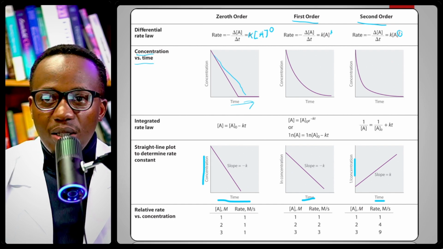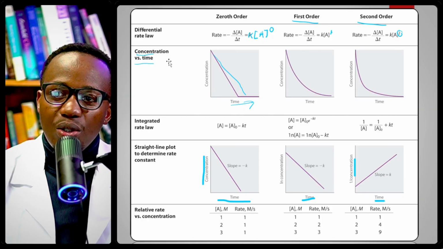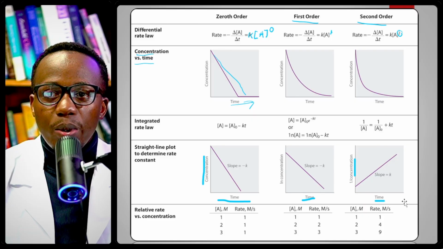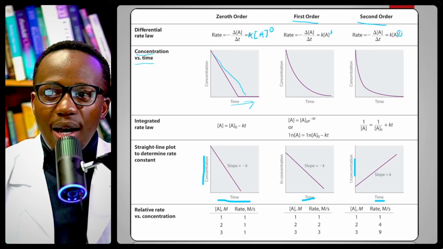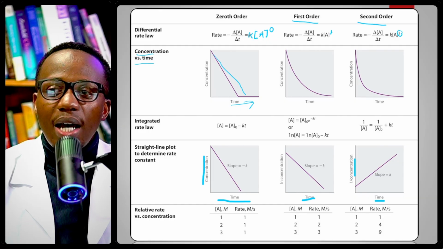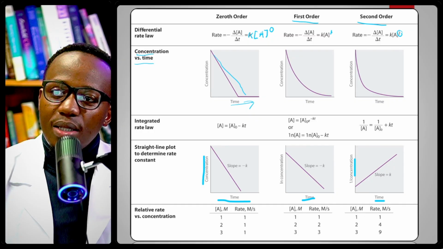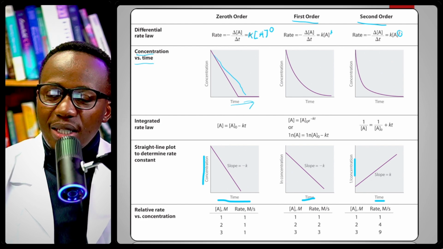There is another way to measure the rate order, but we're not going to use it. That's the one at the bottom here. We're not going to use it, so I will not confuse you with that. The way we will measure rate order this time is we're going to measure the concentration over time, and then we're going to plot concentration, ln of concentration, and 1 over concentration, all versus time.